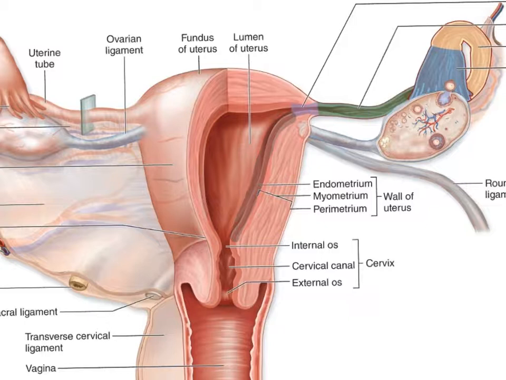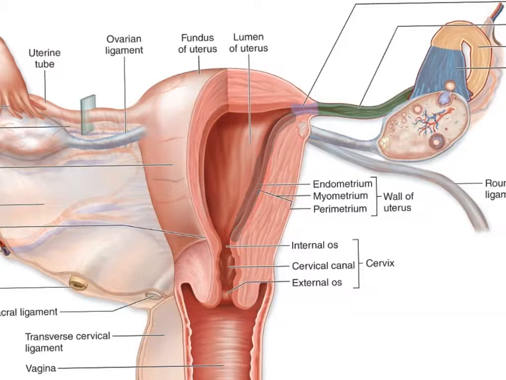Underneath that is a muscle layer. So the endometrium is the lining of the uterus, the lumen of the uterus. It is where the attachment between fetus and mother develops. And then underneath that is the myometrium.